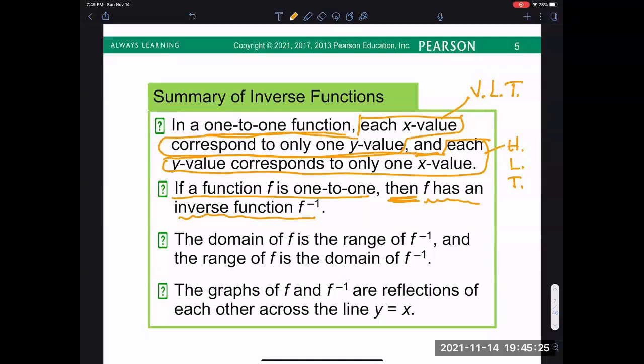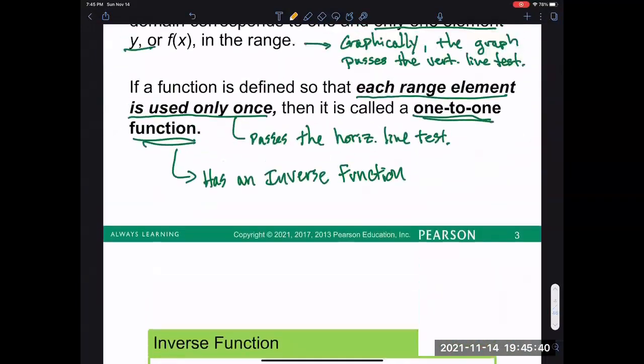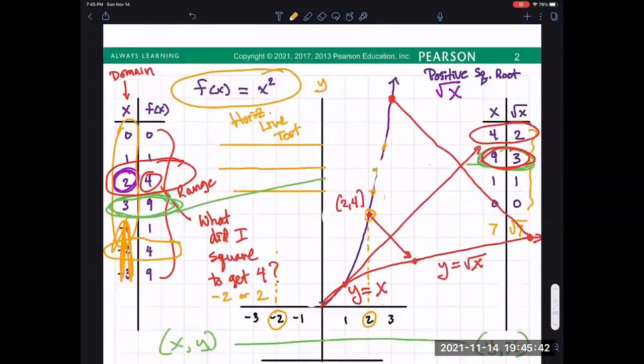And specifically, if you think about what that does to the graphs, f and f inverse are reflections of each other across the line y equals x. And you could see that happening point by point. I think I might have erased that. No, it's still there. Nice.